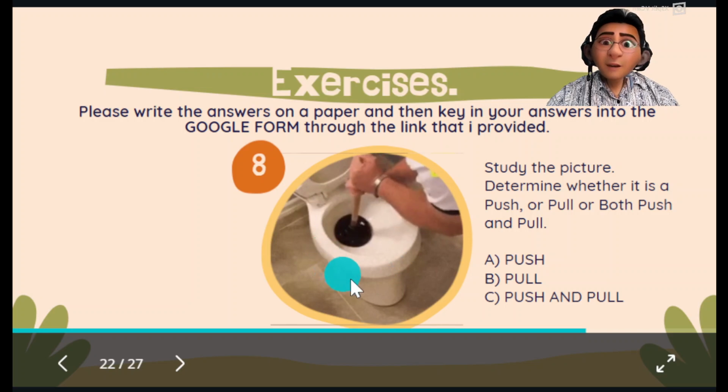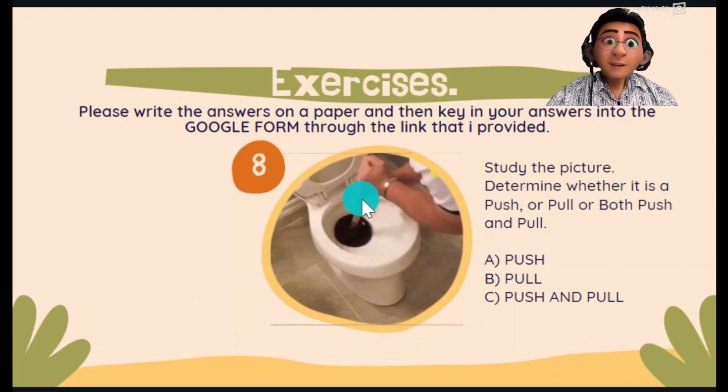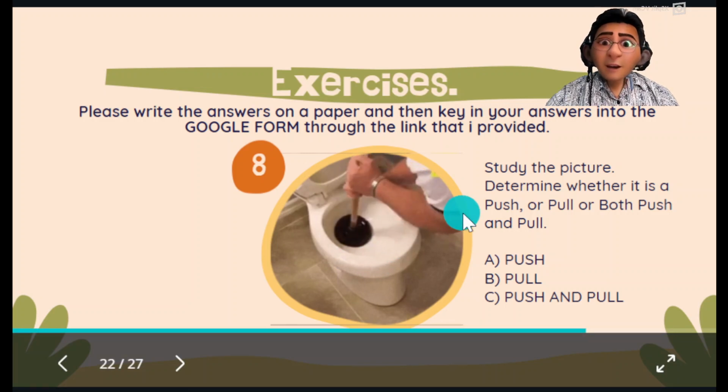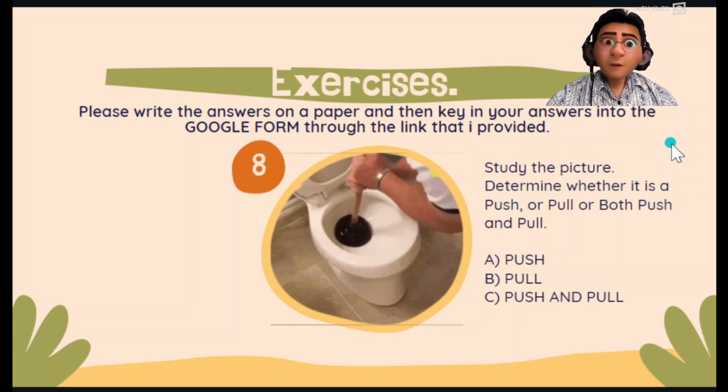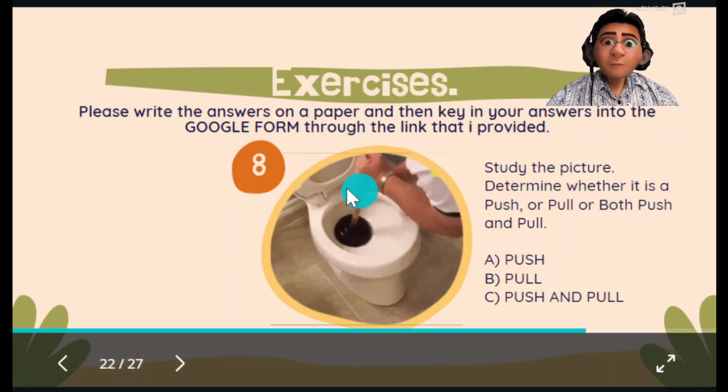Maybe the toilet tersumbat. See, and this person is using a hand pump. Hand pump, if I'm not mistaken the name, but the action, is he pushing only, or pull only, or both push and pull?